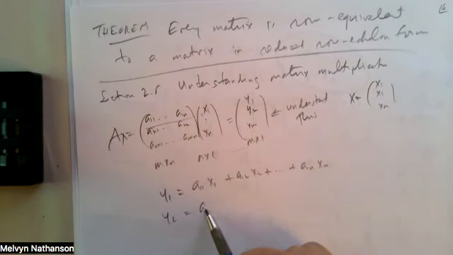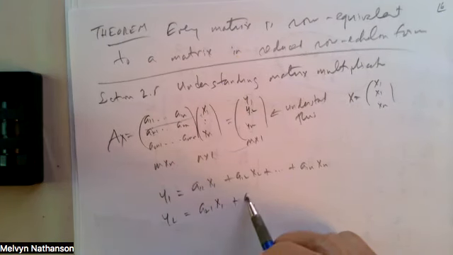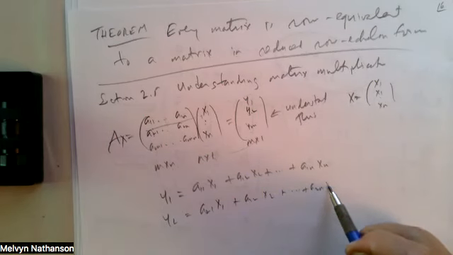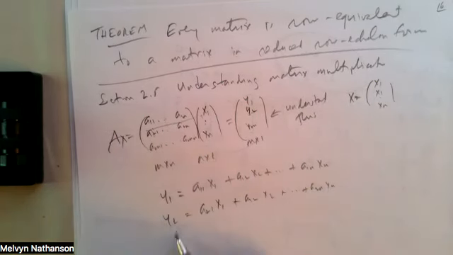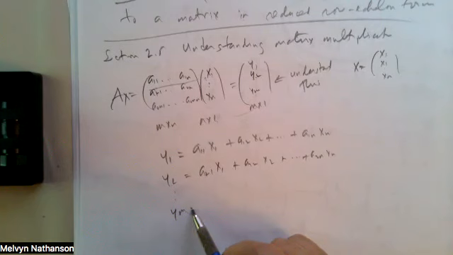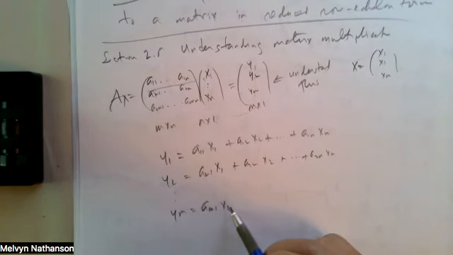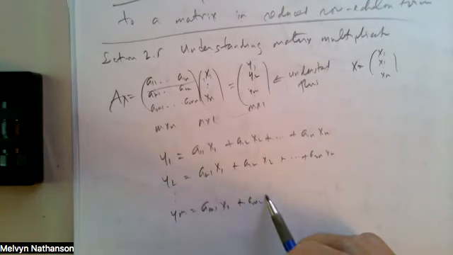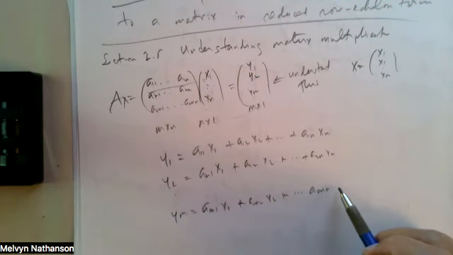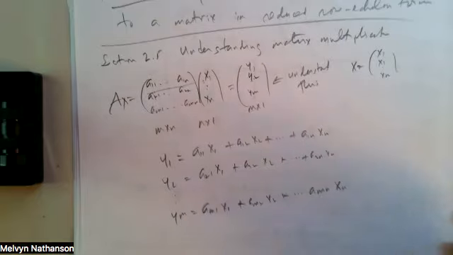Y2 is A21 x1 plus A22 x2 up to A2n xn, down to the last coordinate, ym, which is AM1 x1 plus AM2 x2 plus up to AMN xn.